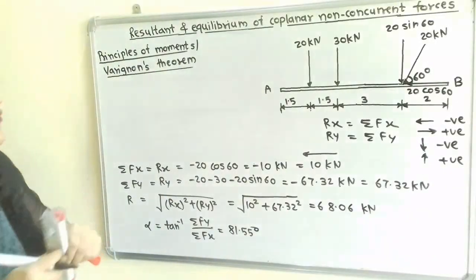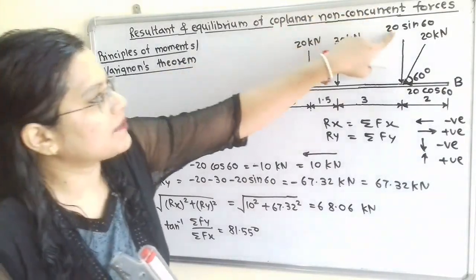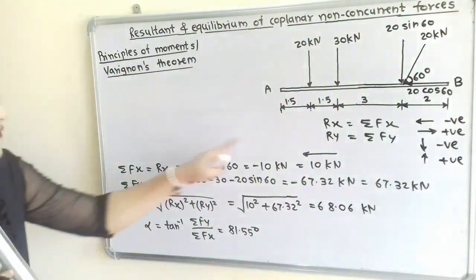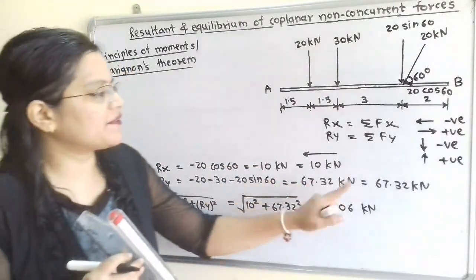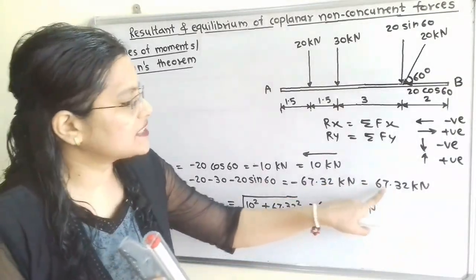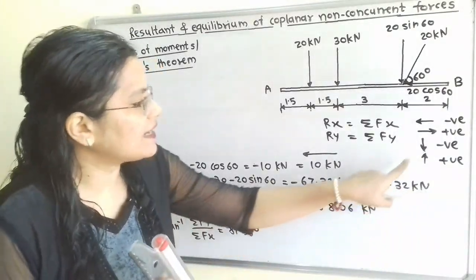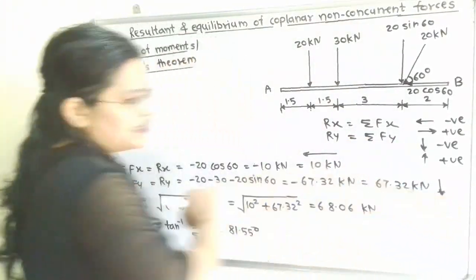Now for the downward direction, negative sign, that means minus 20, minus 30, minus 20 sin 60. When we solve this, we get minus 67.32 kilonewton. So we can write 67.32 kilonewton, and the direction is downward. Here is the direction.